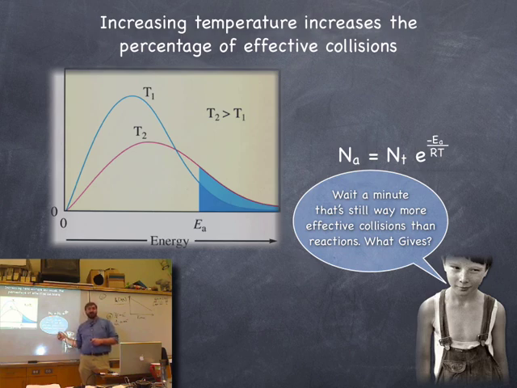So what is N sub A? N sub A is the number of collisions that have the activation energy for the reaction, that have enough energy that they could form a reaction based on some other factors I'm going to talk about in a sec. So that's the next slide. If you want to know what it is, look on your notes and look at the next section.